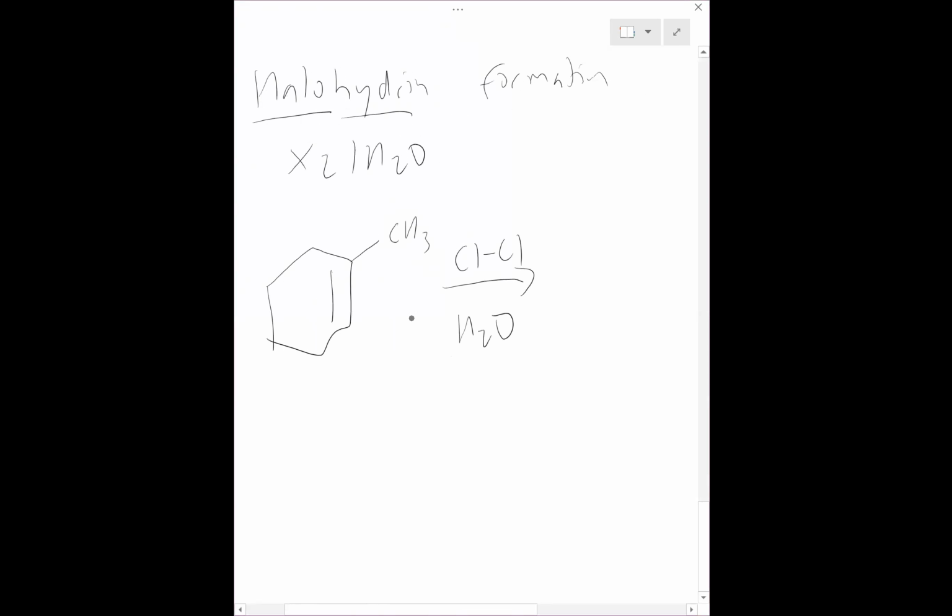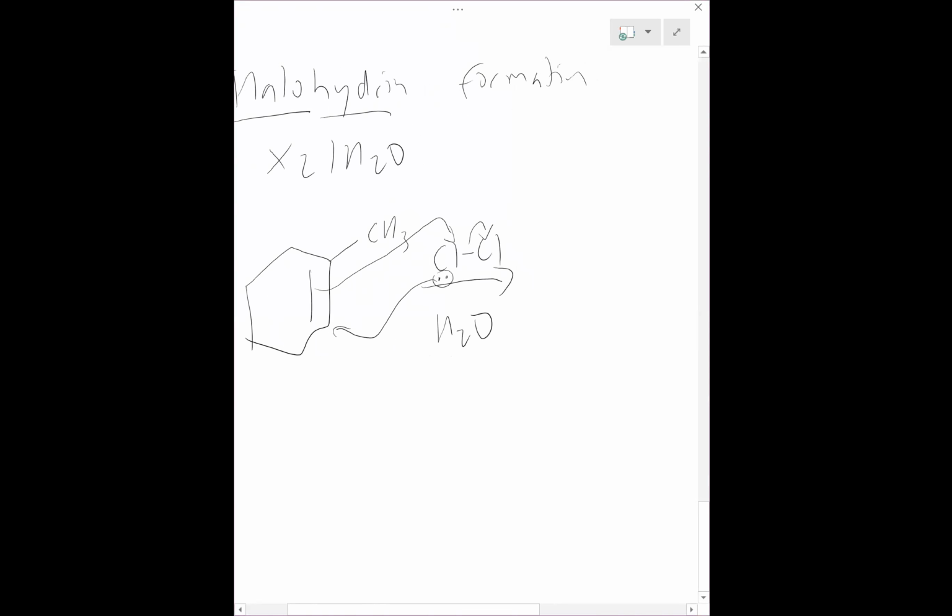This Cl attacks the carbon, while this double bond attacks the Cl. It might be better to show one of the lone pairs attacking. And then this gives up its electrons to the Cl.